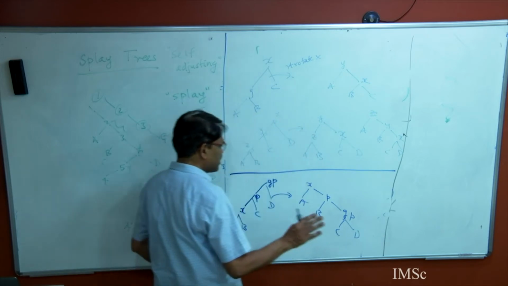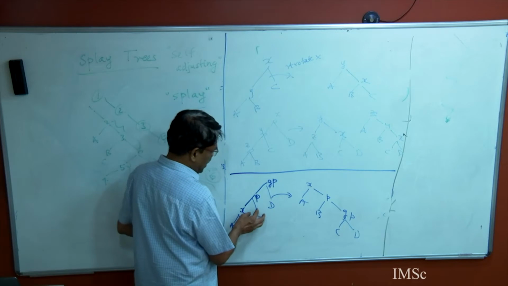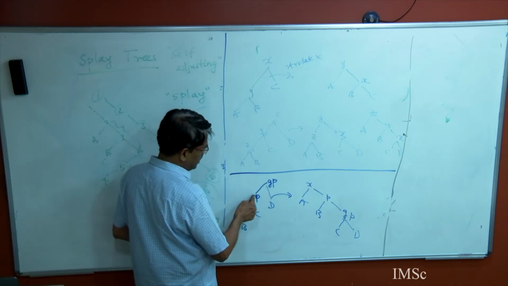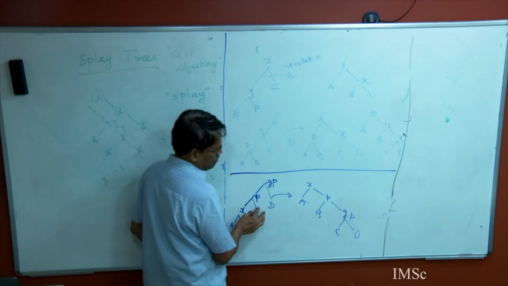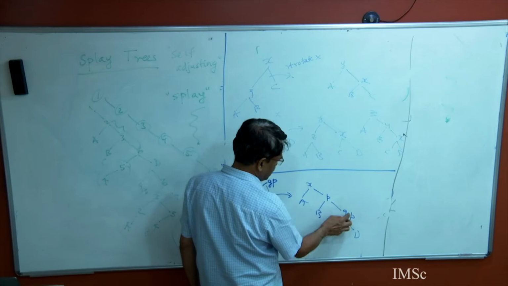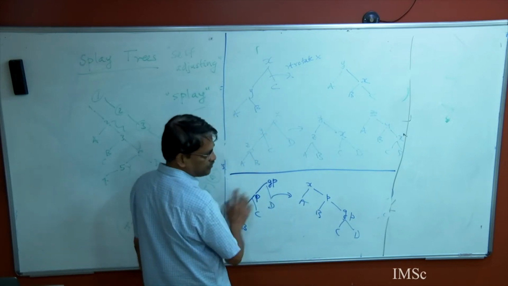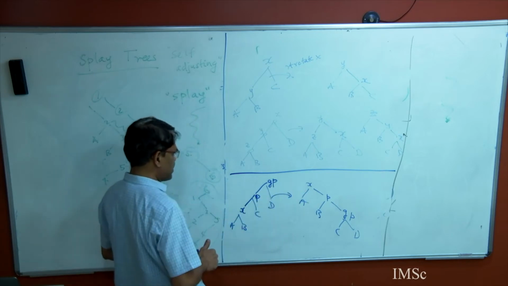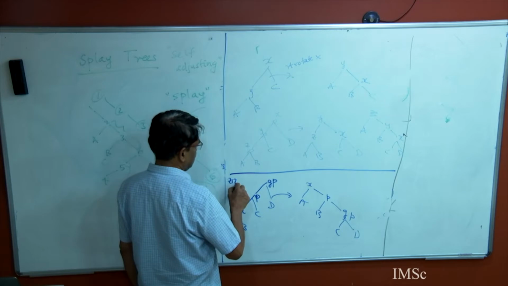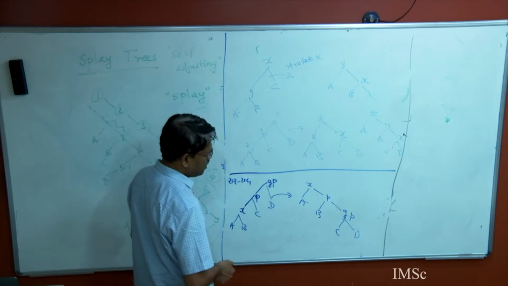Remember, the rotation ensures the binary search tree property, because anything in C is smaller than GP and bigger than P. And that's true. Anything in C is bigger than P but smaller than GP, and it's bigger than X as well, because X is smaller than P. The rotation ensures the binary search tree property. This is actually called, I think, a zigzag rotation.